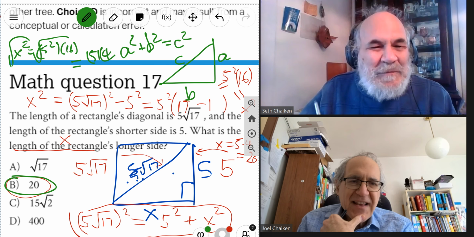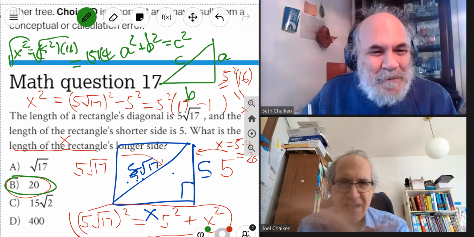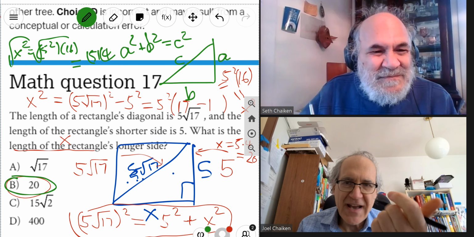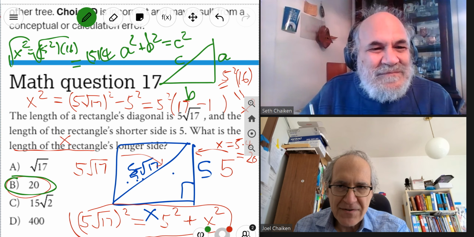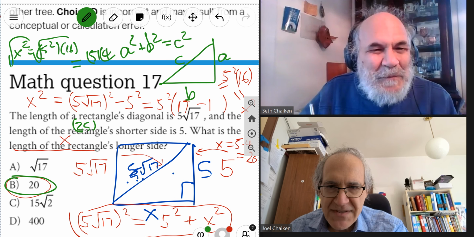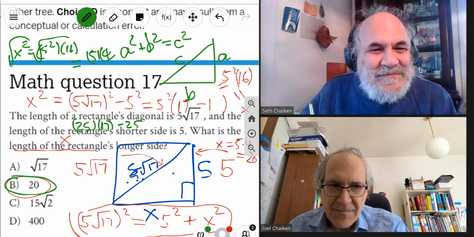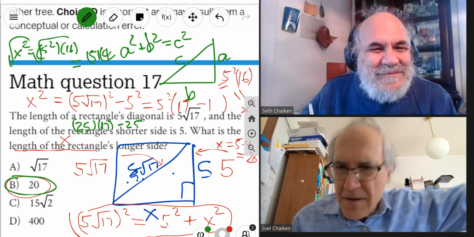Now this is a calculator question because every question on the new math SAT is a calculator question. So some people would actually figure this out. Some people would do 25 times 17 minus 25 in a calculator.